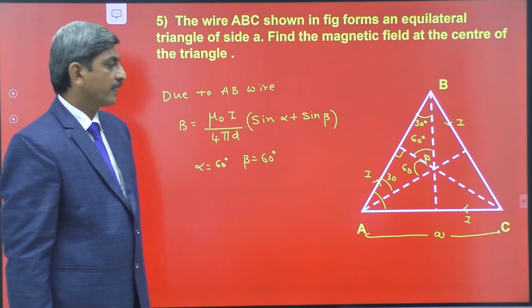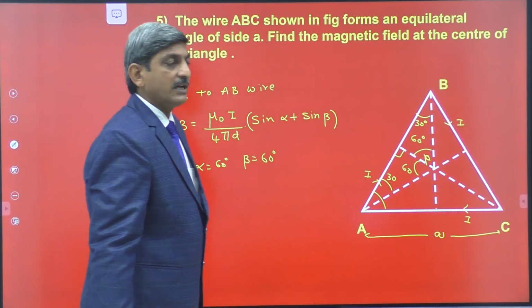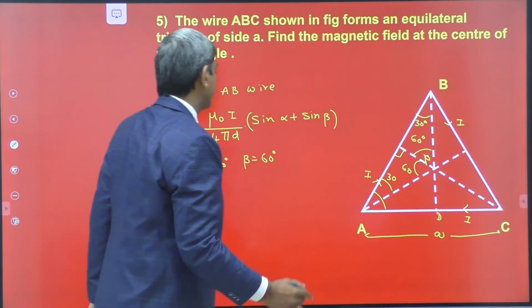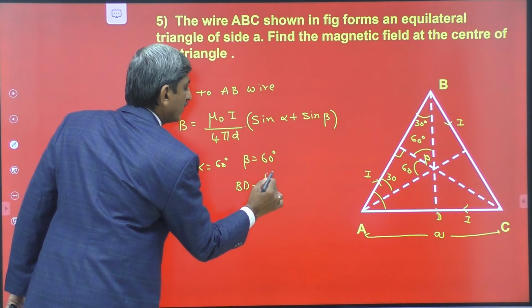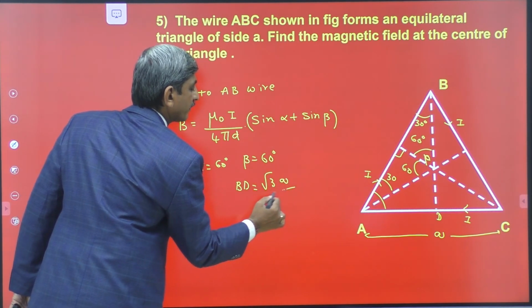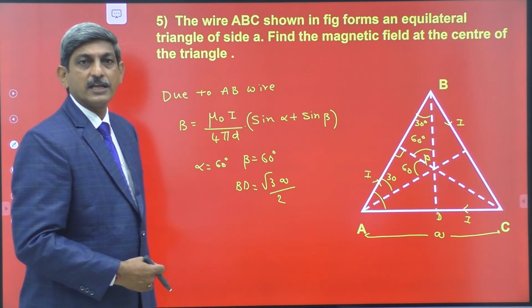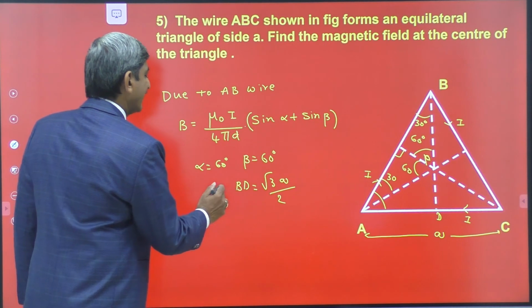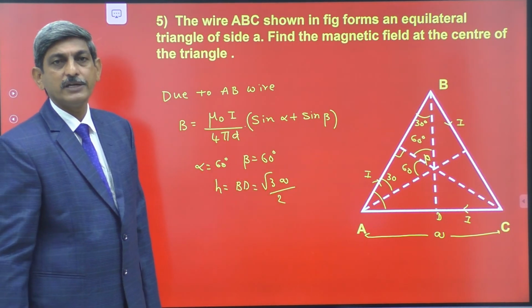If suppose A is the side of the triangle, then the height of the triangle BD is given by BD is equal to root 3 A by 2. So I think you studied in your mathematics. By knowing the side of the triangle, we can determine the height of the equilateral triangle by using the formula H is equal to root 3 A by 2.